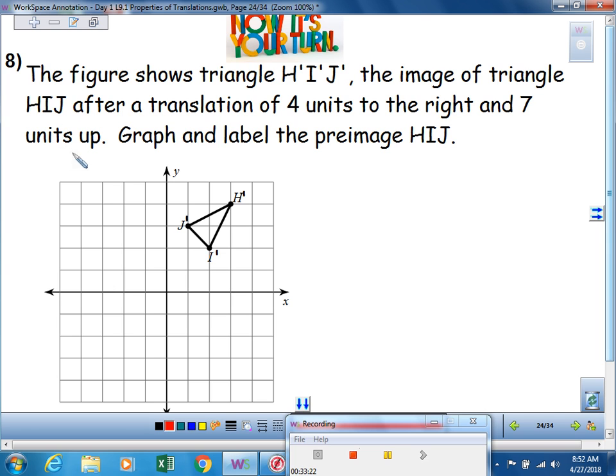So we translated a pre-image that was somewhere on here, and we got this image. So how can I graph the pre-image? Think to yourself, how can I graph the pre-image? Just think.